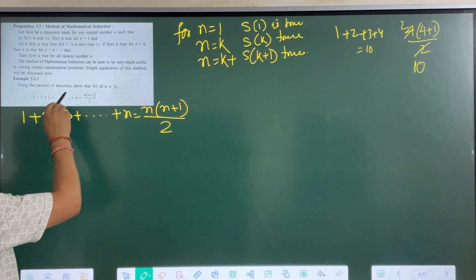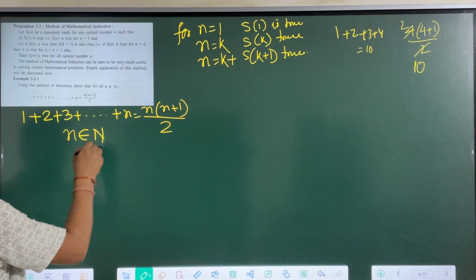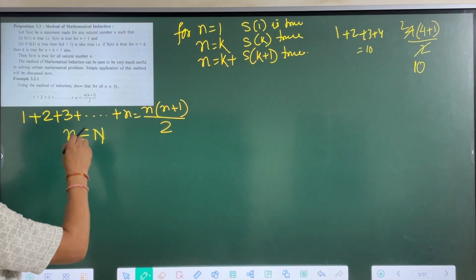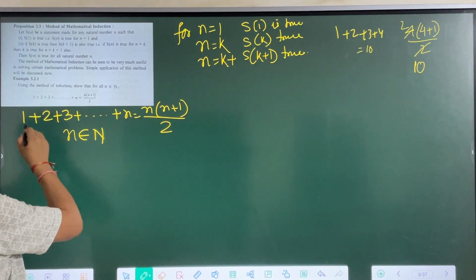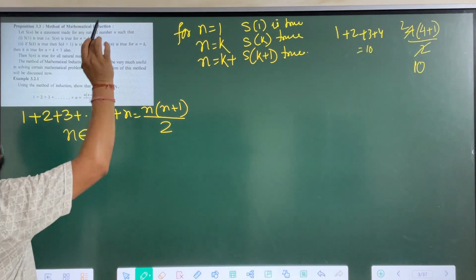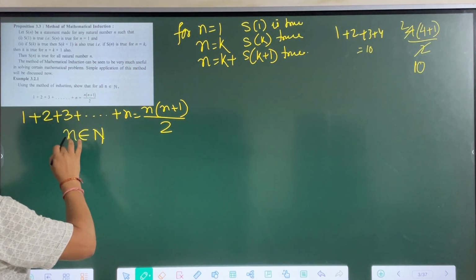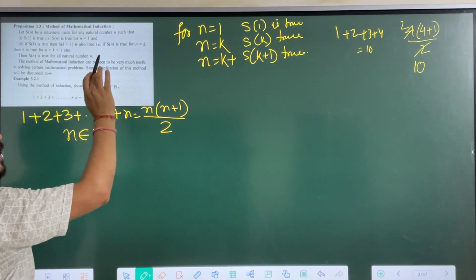Using the method of induction, show that for all n belongs to N, 1 plus 2 plus 3 plus till n equals n into n plus 1 by 2. This is the left hand side, this is the right hand side. What we will show? In place of n, we will put 1 first. Secondly, we will put k, and thirdly, k plus 1.